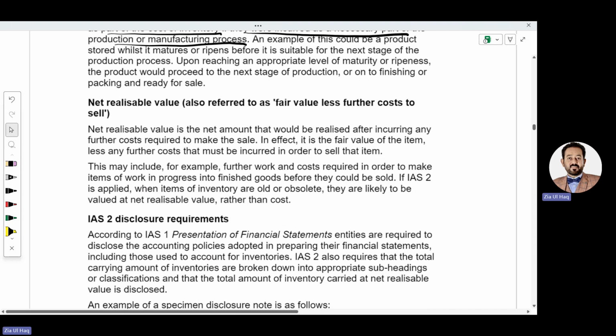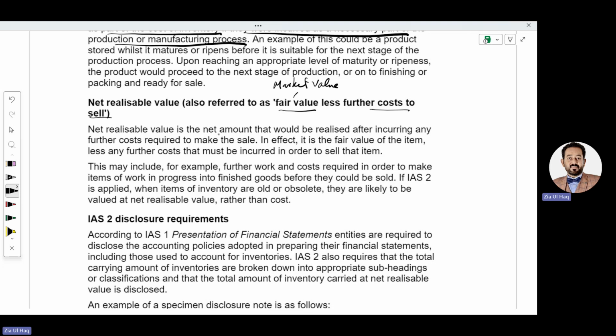What is the net realizable value? Selling price less cost to sell, or you can say fair value less cost to sell. Fair value means market value. What is market value? The value at which you can sell your product in the market, that is selling price.